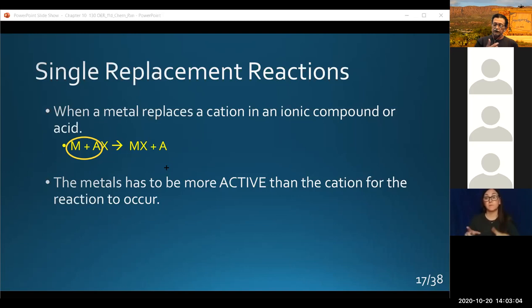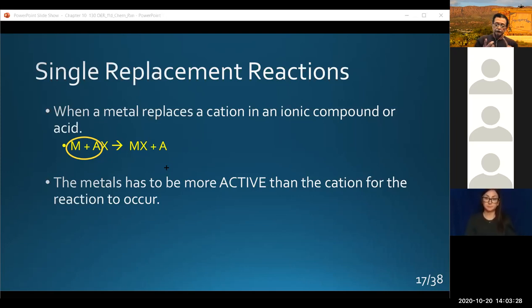Then the second question you ask yourself is, is the most reactive metal in ionic form? If the answer is yes, then no further reaction, no reaction occurs. If the answer is no, reaction proceeds. You switch the reactants, okay?